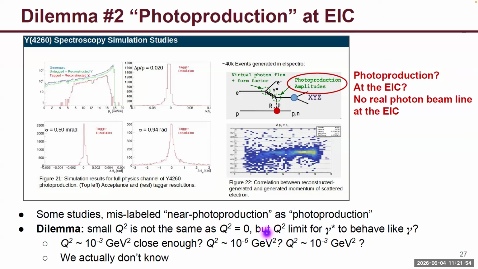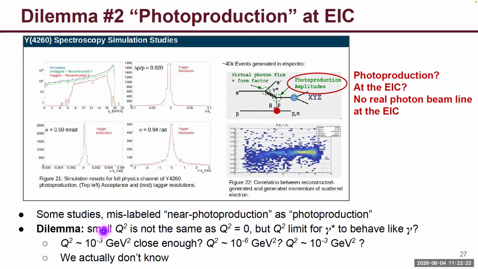Well, a small Q squared is not the same as Q squared of 0, but the exact limit, the Q squared limit where the longitudinal components of the virtual photon will vanish and it will start to behave like a real photon. That limit, we don't know it yet.